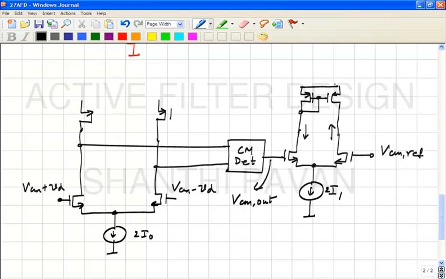Okay. Why have I put the current mirror here and not the other way around? Or which is the desired output of the amplifier? BTech students, left or right? Right. Why?